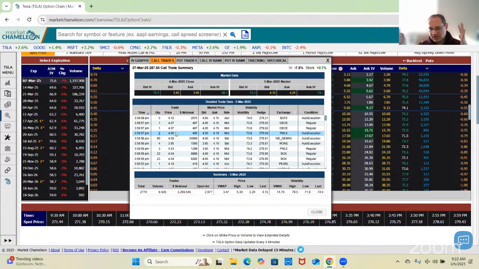But 60 contracts is a lot more than one, right? If we took the average just between 4.05 and 4, that would be 4.025. But in reality, more contracts traded at 4 than at 4.05. So we take 60 times 4 plus 1 times 4.05, sum that up, and divide by 61 to get the volume weighted average price.